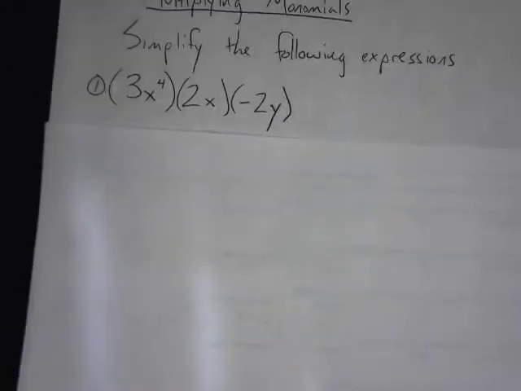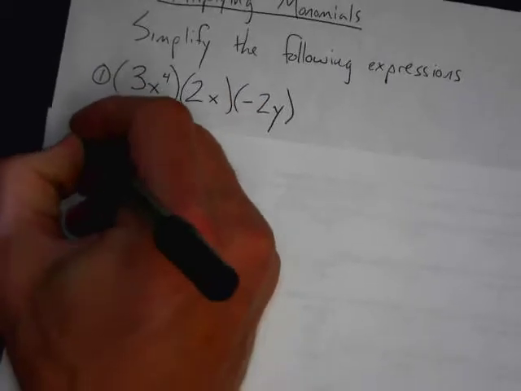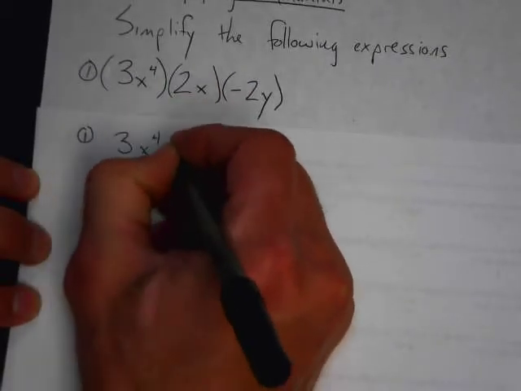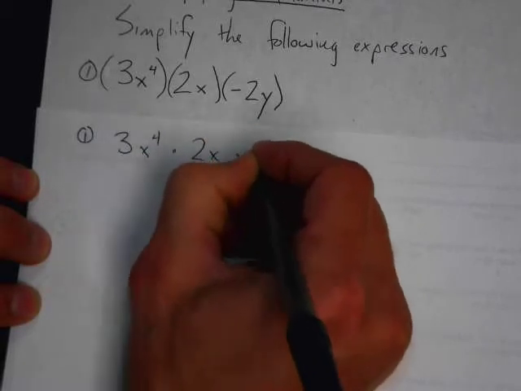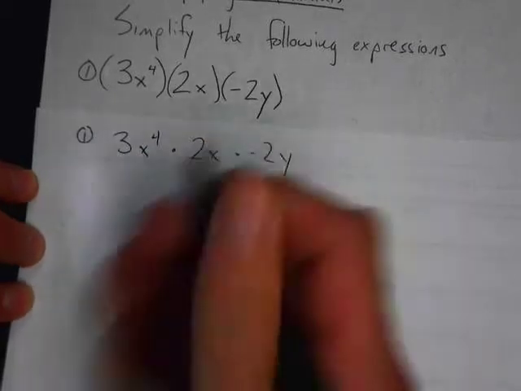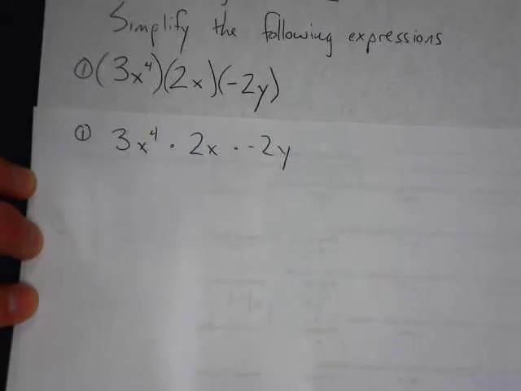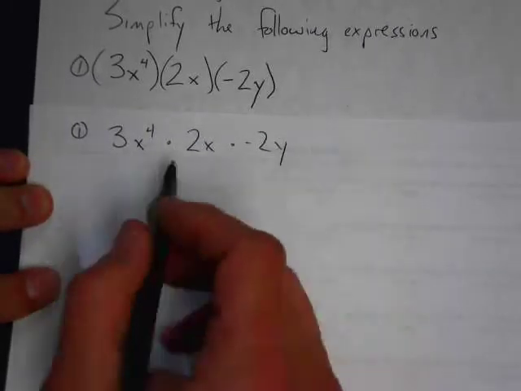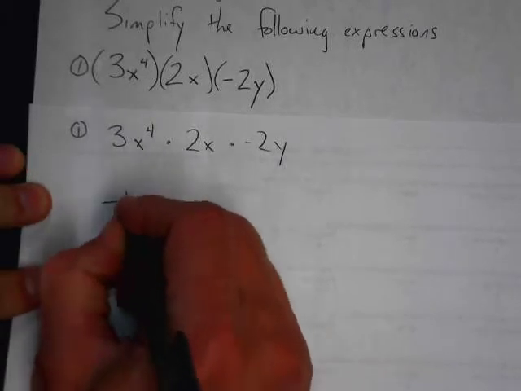So in number 1, it's pretty simple. We're just using the laws of exponents, right? So at number 1, all we are doing is real simply multiplying 3 times x to the 4th times 2 times x times negative 2 times y, and we can multiply all those things, and we can multiply units. In case we can multiply 3 times 2 times negative 2, we would get negative 12.